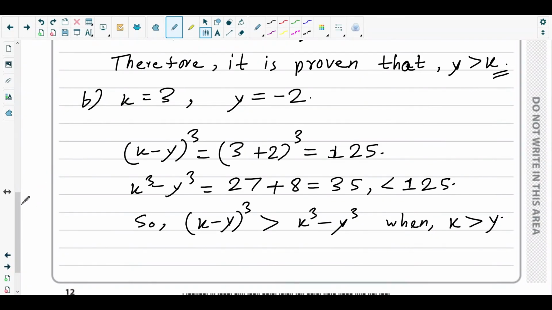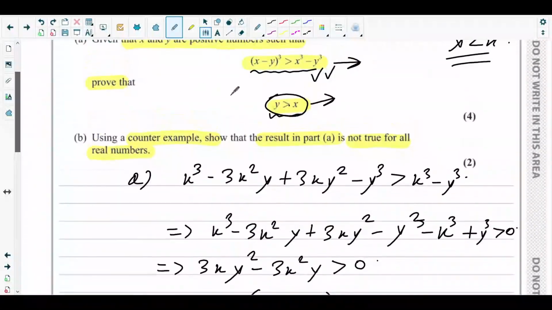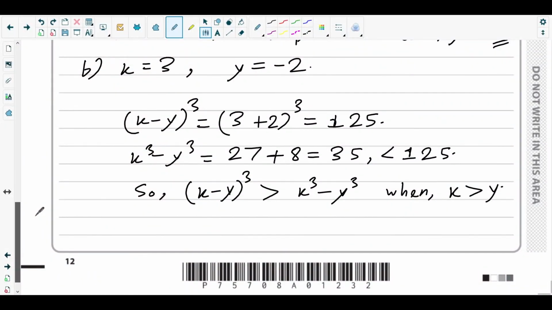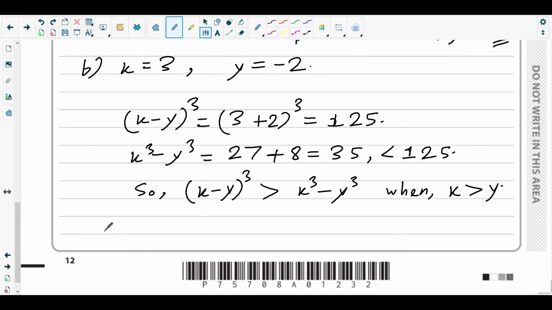But in part A, we showed the result as y greater than x. Now using x greater than y, we showed that the given inequality is also true. Okay, hence proven.